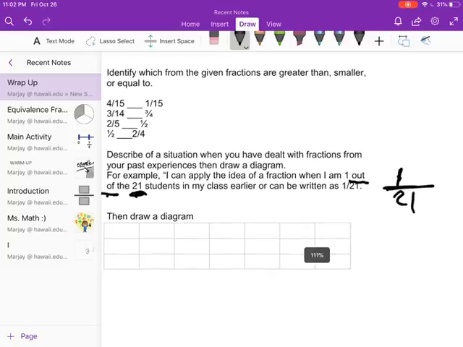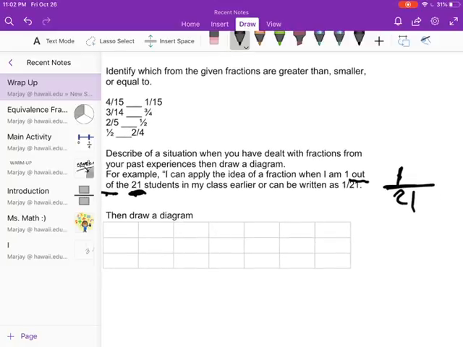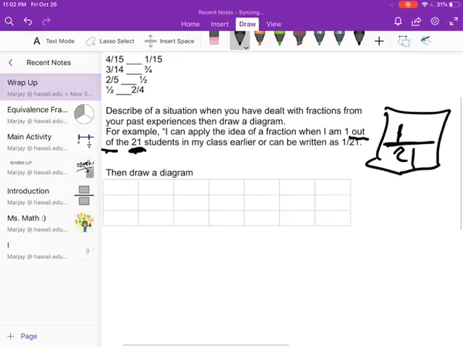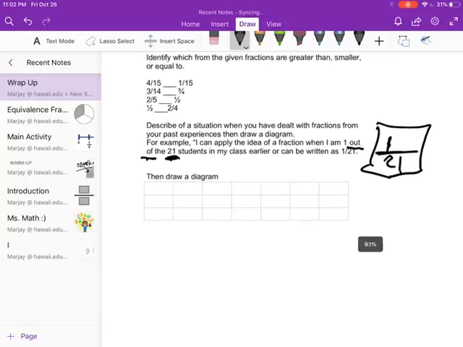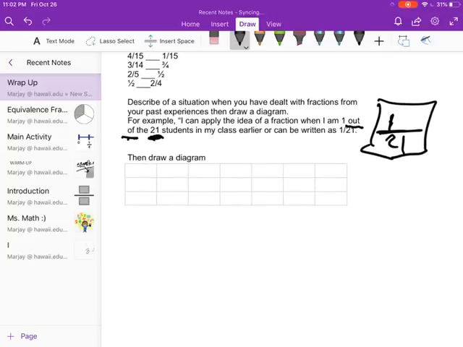So this is the fraction form of that sentence, and the diagram is going to be given right here. Since I said 1 out of 21 and there are 21 boxes, or I should say rectangles, then I'll be shading 1 because that's my numerator.